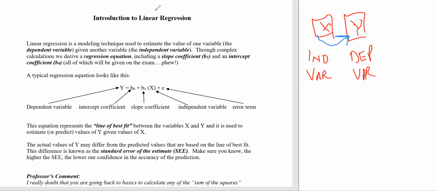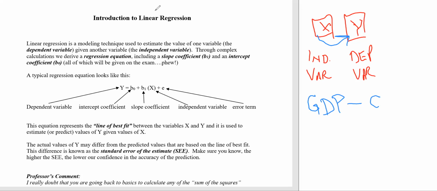So it could be something like you're an analyst and you're looking back and you're trying to see, okay, well, let's look at the GDP for a country, and let's try to draw a relationship between GDP and something like consumer spending. Okay, consumer spending. So which would be dependent upon the other?